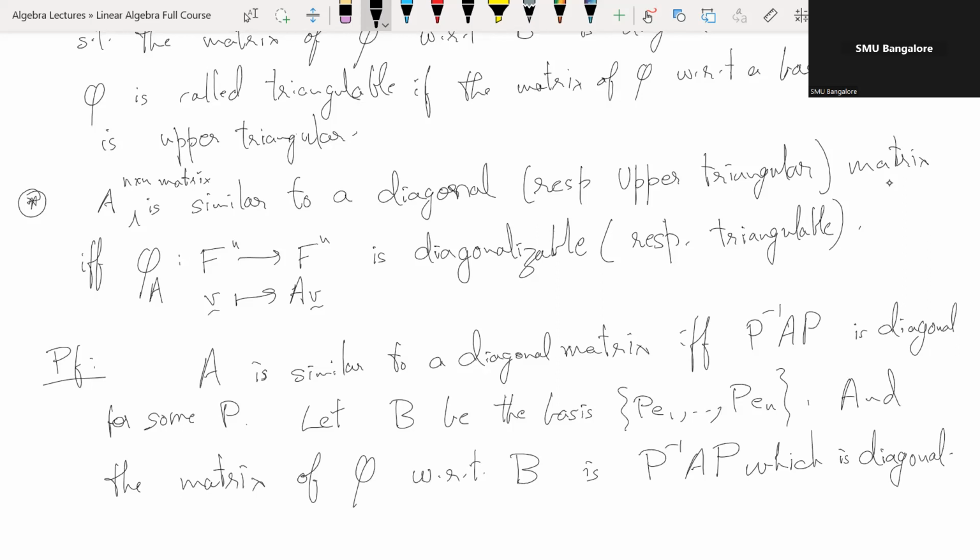And conversely, if phi_A is diagonalizable, that means you have a basis like this, v_1 to v_n, with respect to which the matrix of phi is diagonal.